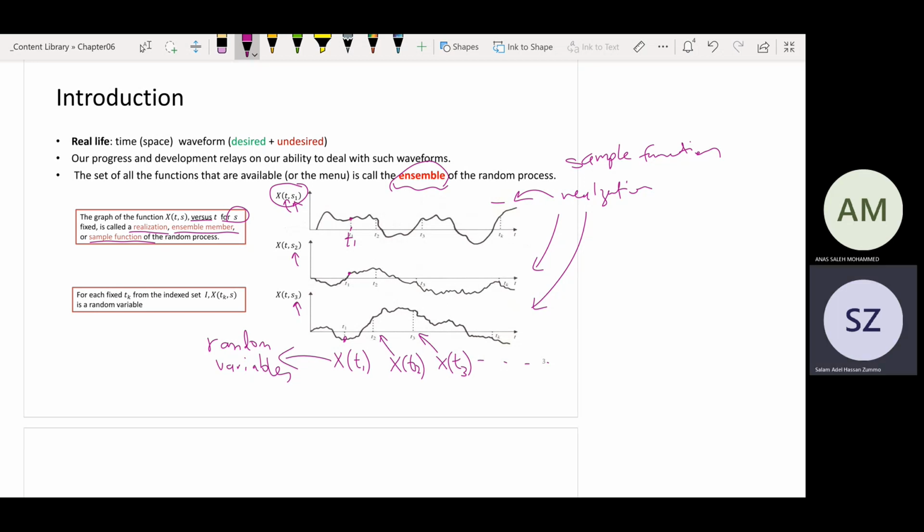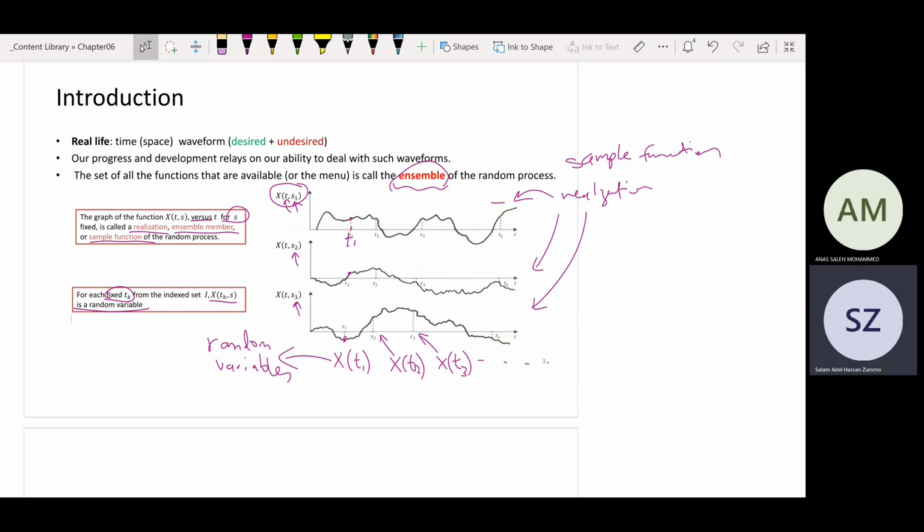For every fixed t, x of t and S is a random variable. Here S is not S1, S2, it's S. It's a function of t.